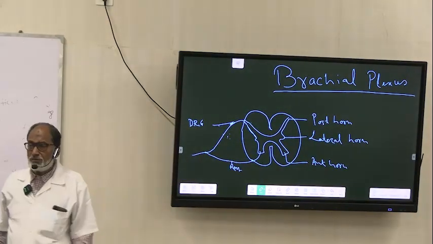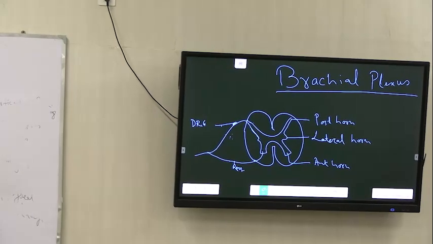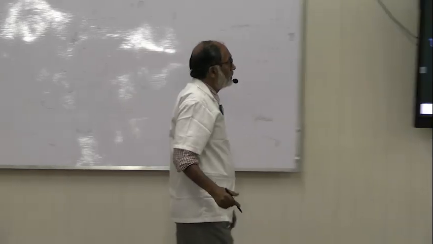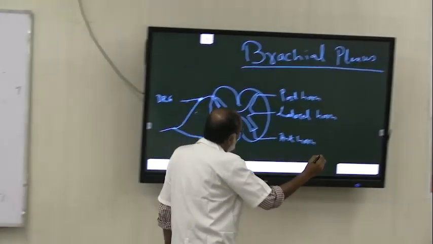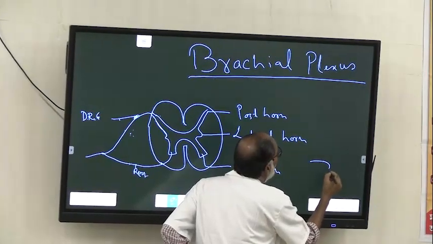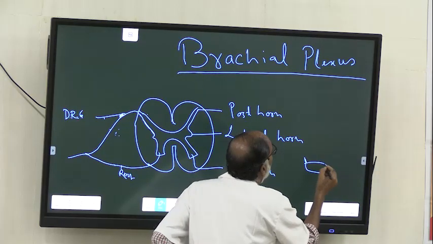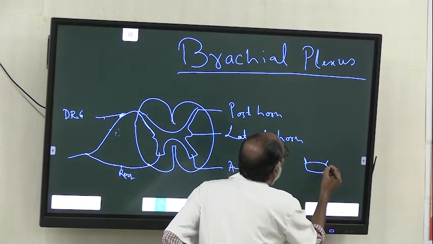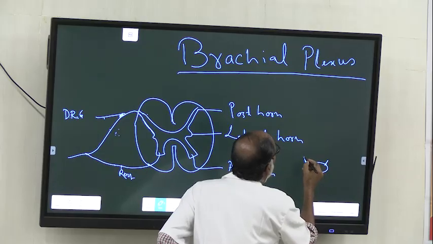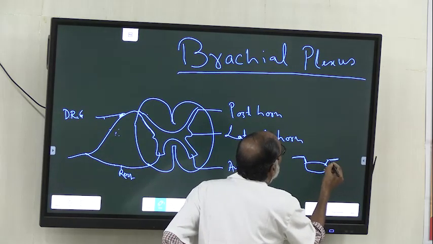These spinal nerves, after formation, how do they come out from the vertebral column? You know, suppose I am drawing one vertebra like this. This is the vertebral body. Here there is transverse process.